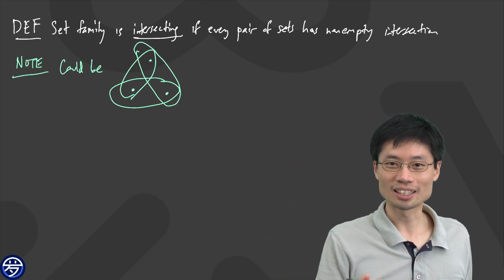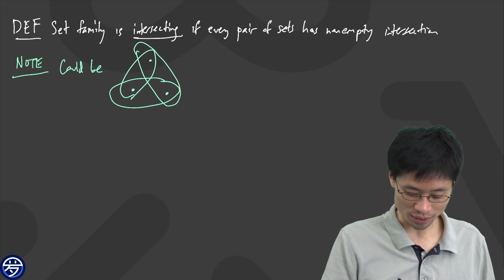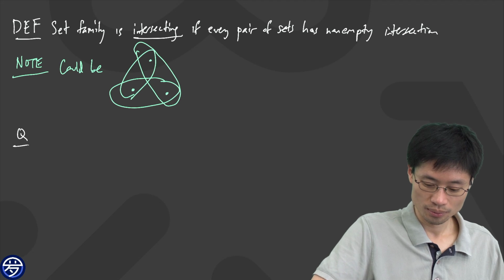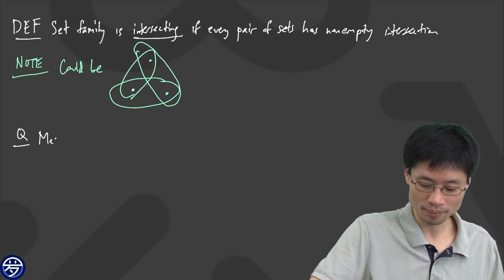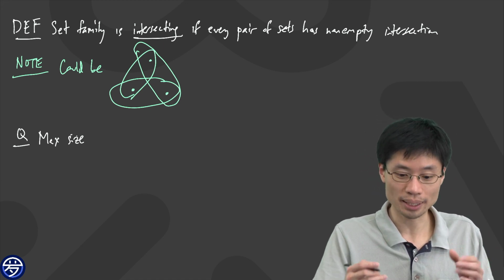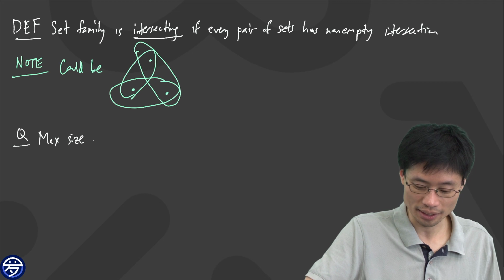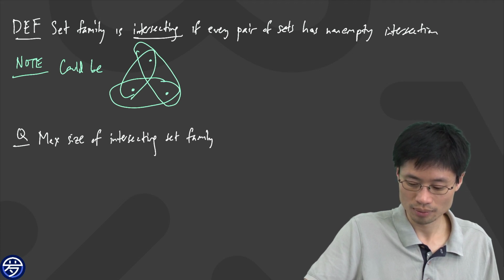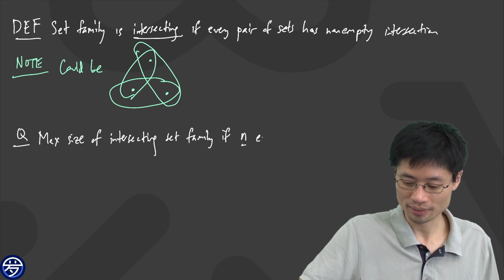Okay, so then the first natural question, if you're doing extremal combinatorics, is what is the maximum size? Maximum size meaning how many sets. It's not how big the sets are, but the maximum size of an intersecting set family if there are n elements.